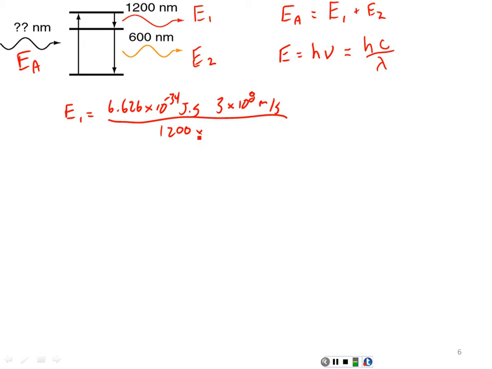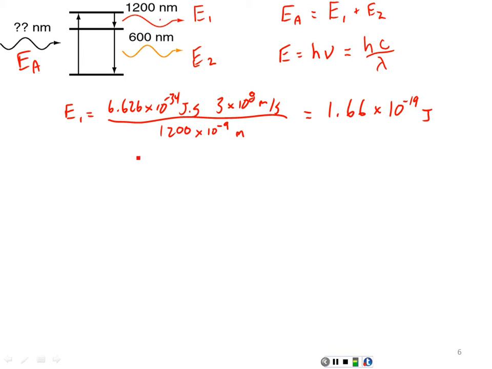So that would be 1200 times 10 to the minus 9th meters. So what I get is 1.66 times 10 to the minus 19th joules. That'd be the energy of the infrared photon given off.